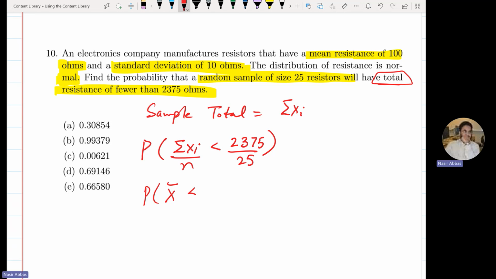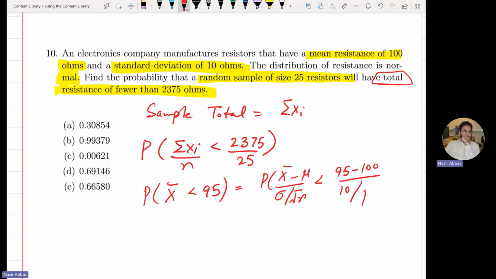It will become 95. And then how do we solve any question related to x bar? What is mu? 100. What is sigma? 10.